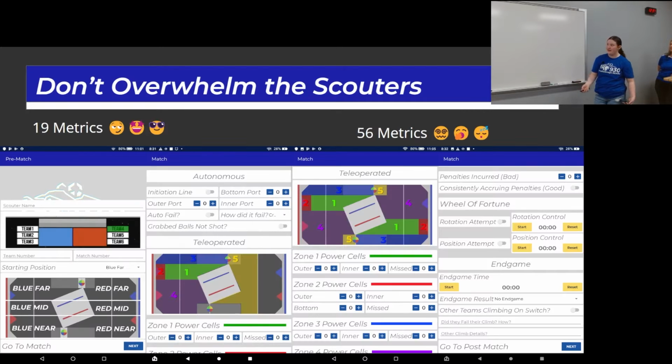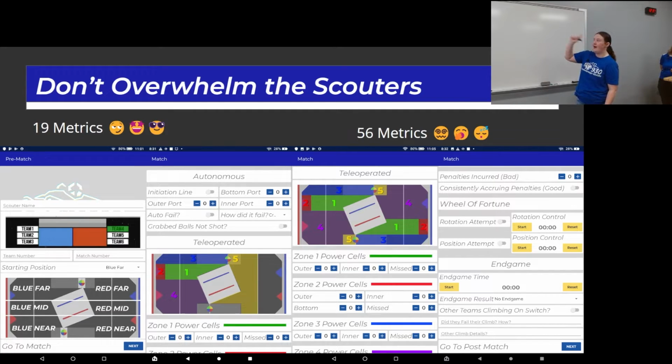So yes. Love it. This slide in itself is very overwhelming. But essentially, what you should get out of this slide is it's so important to not overwhelm your scouters. So this is from the 2020 game, I think. Yeah. So on the left side, you see 19 metrics.